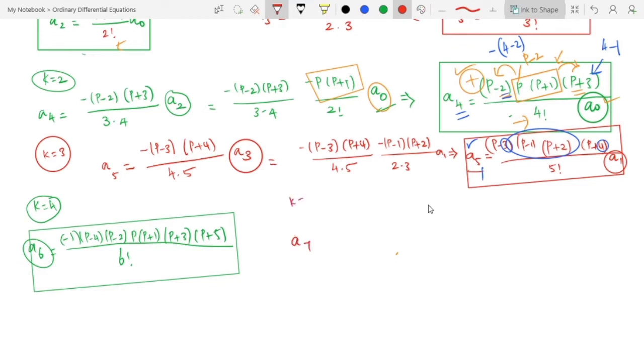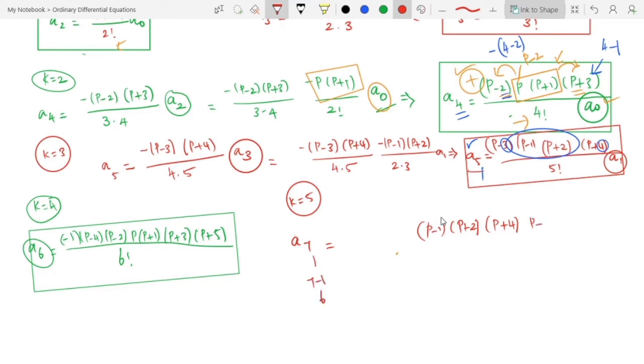Substituting k equal to 5, we get a7. That is equal to, we have to center it with p minus 1 of p plus 2. So adding 2, we get the right side terms of the product: p plus 2 plus 2, p plus 4. Where to stop? This number minus 1, that is 6.